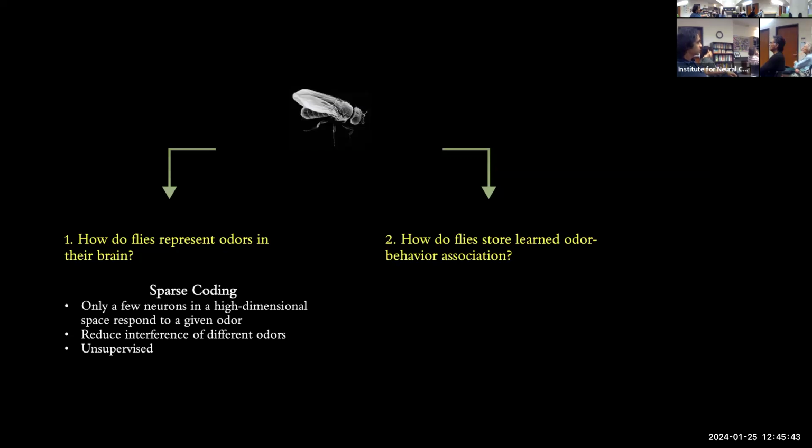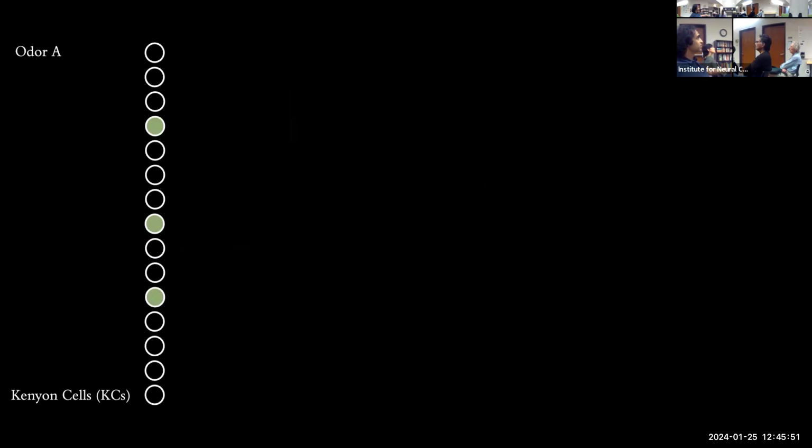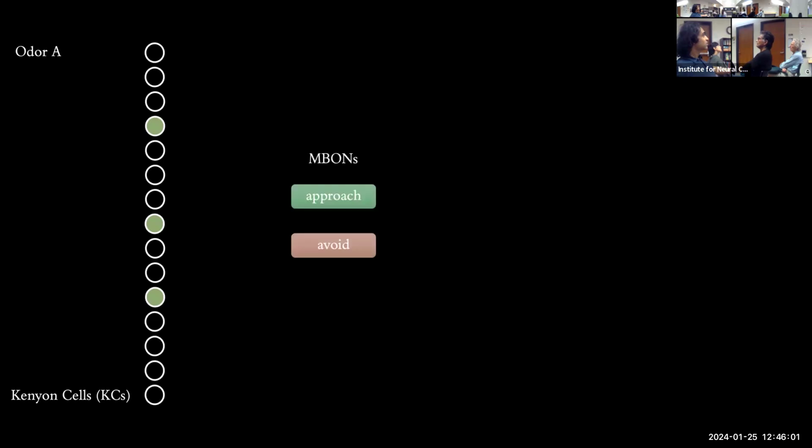Now, let's move on to the second question: how do flies store learned odor-behavior associations? Let's say we have an odor A, now represented by this vector of Kenyon cells here. Downstream of the Kenyon cells, there's another layer of neurons called mushroom body output neurons, or MBONs. There are only about 34 MBONs in the entire brain of the fly, and you can roughly interpret each MBON as representing one type of behavior in the fly.